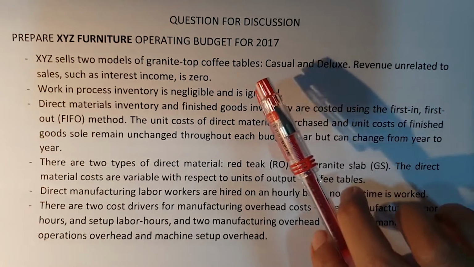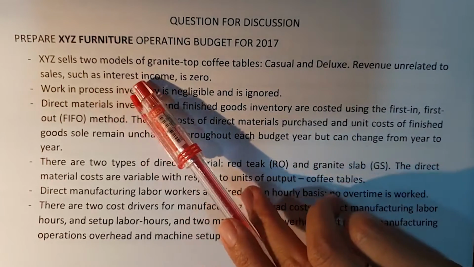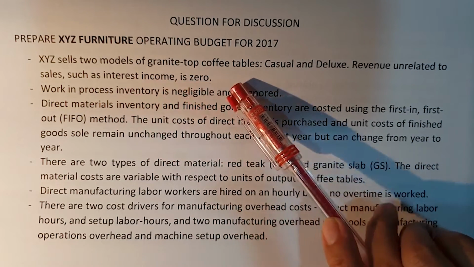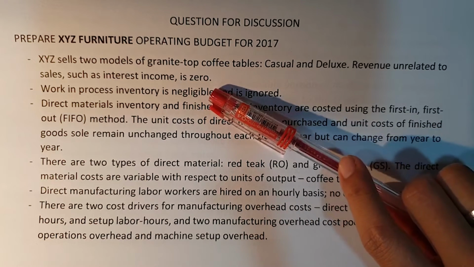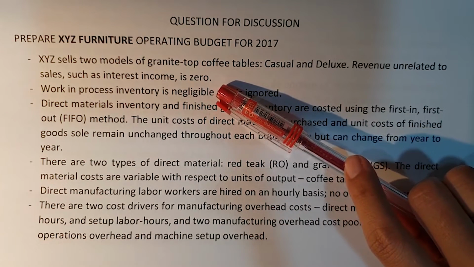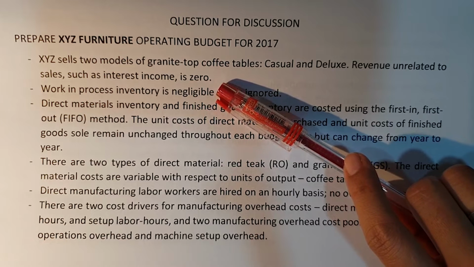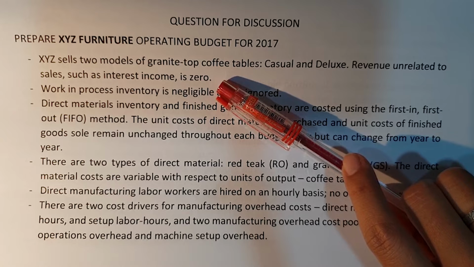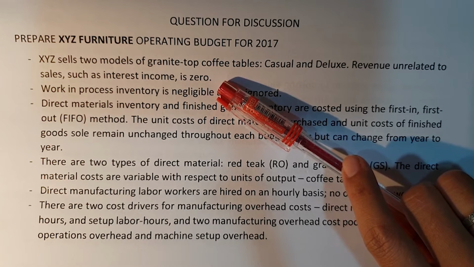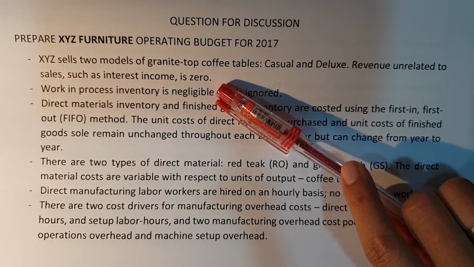XYZ Furniture sells 2 models of granite top coffee tables. Normally coffee tables use granite on top to make them prettier and easier to clean, because granite has a very smooth surface.